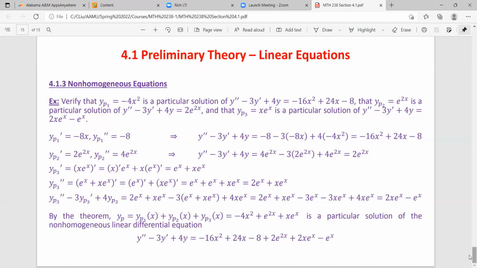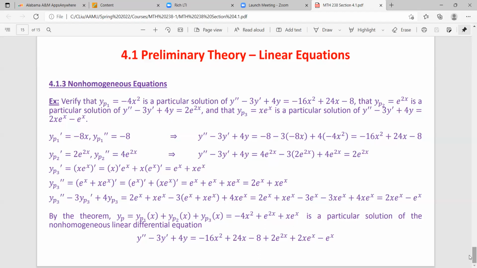And then we need to verify that yp2, which is e to 2x, is a particular solution of y double prime minus 3y prime plus 4y equal to 2 times e to 2x. And then we need to verify that yp3, which is x e to the x, is a particular solution of y double prime minus 3y prime plus 4y equal to 2x e to the x minus e to the x.